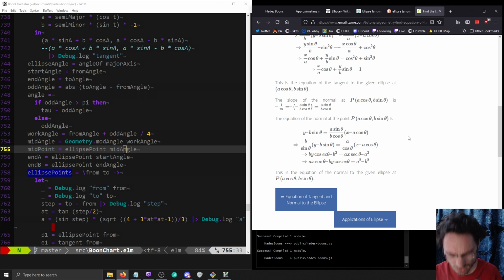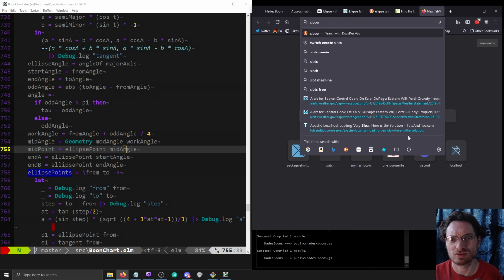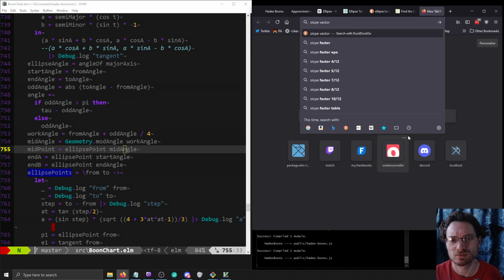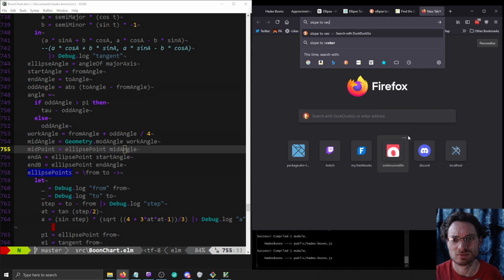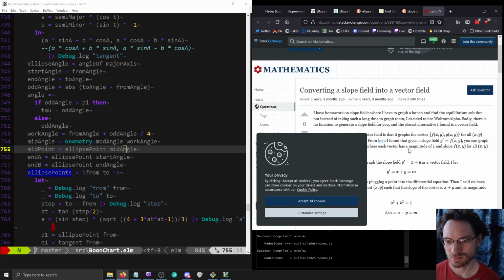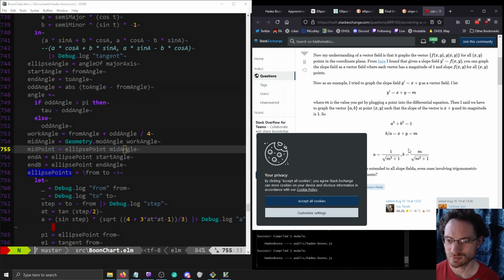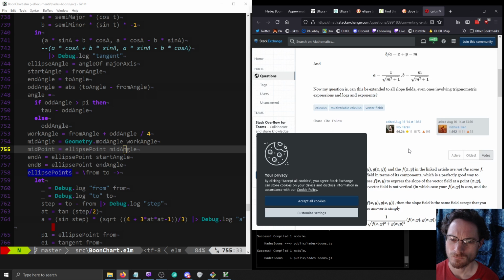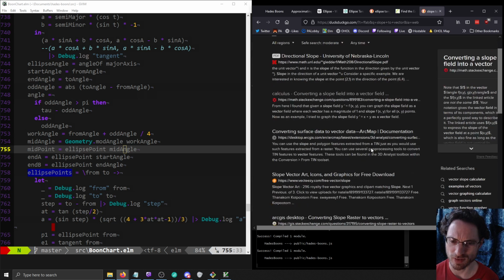So I guess I need to know how to translate a slope to a vector. Nah, I think this is like a field as a mathematical concept.